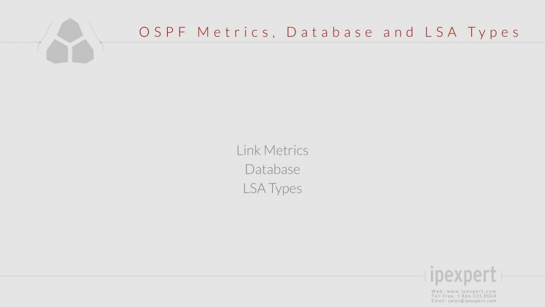In this module we are going to cover what the different link metrics are, how these values are constructed, how they can be modified, and then we are going to look into what's in the OSPF database, what is contained in the database, how this information is kept in the database, how we can look into this information, and finally we are going to spend some time looking at the link state advertisements, or the OSPF data units that carry the information about the routes and our topology, and we are going to explore them in some detail.